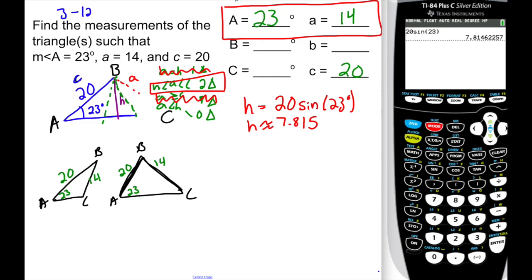One of the big takeaways from the video I did on law of sines is that you never use any kind of guesstimates when you're solving with law of sines. For example, in a moment, I'm about to calculate big C. When I do that, I'm going to have to use inverse sine. Okay, and when I use inverse sine, I'm most likely not going to get a whole number.